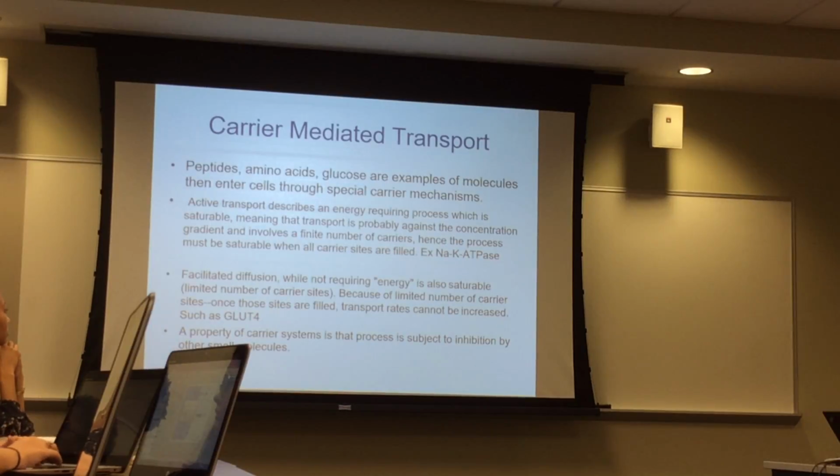Most of the peptides, amino acids, and glucose are examples of molecules that enter the cell through a special carrier mechanism. And that carrier mechanism, if you do research, becomes a target for drug intervention. Because if you interrupt this carrier process, you can prevent the movement of a specific molecule across membranes.